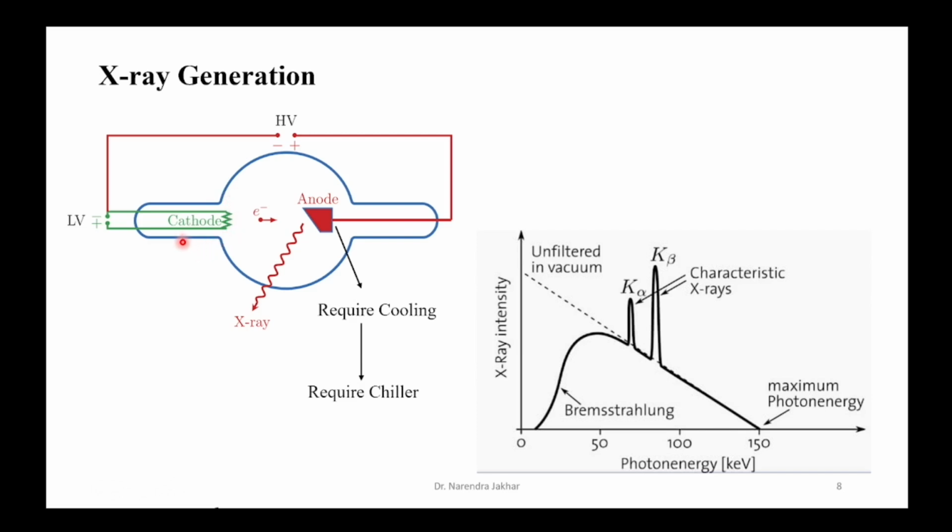When this cathode is heated, it emits electrons, and these electrons are attracted to this positive potential, and they travel towards this anode surface. So when these accelerated electrons fall on the anode surface, they come to rest, and when they come to rest, they emit electromagnetic radiations.